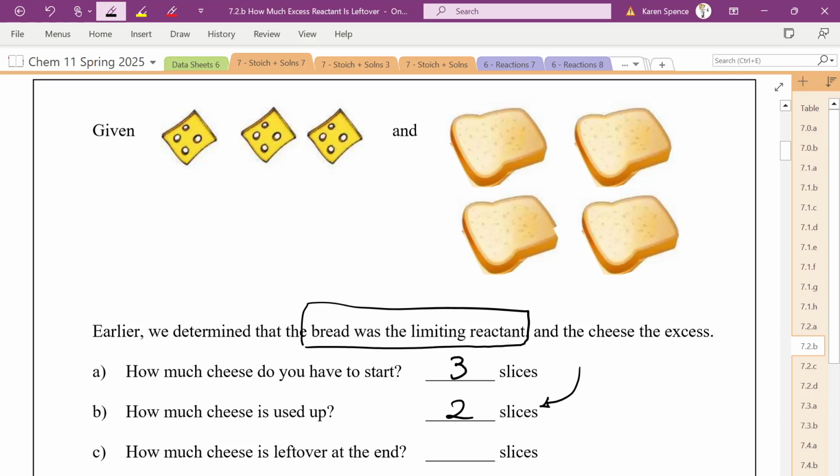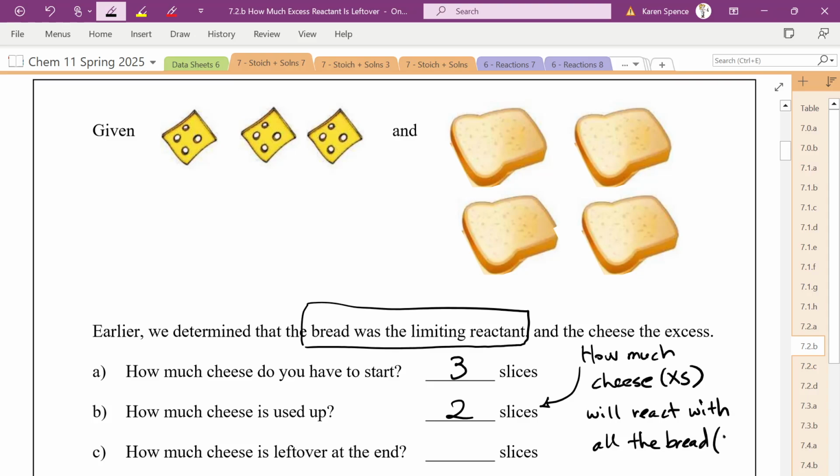How did you know that it was 2 slices? What did you determine 2 slices from? 4 slices of bread. You said with 4 slices of bread, I will use 2 slices of cheese. So you took your limiting reactant, the bread. How much cheese, which is our excess reactant, will react with all the bread?